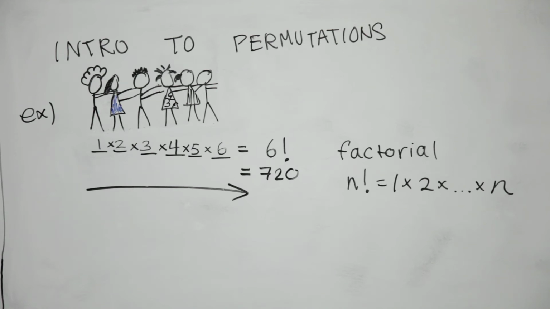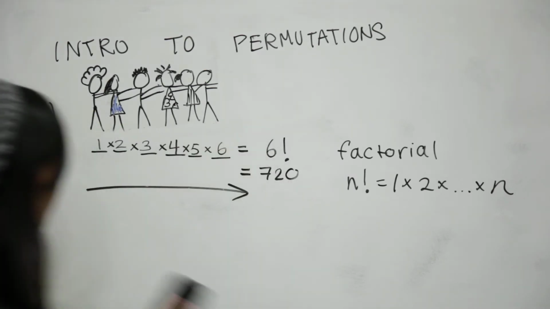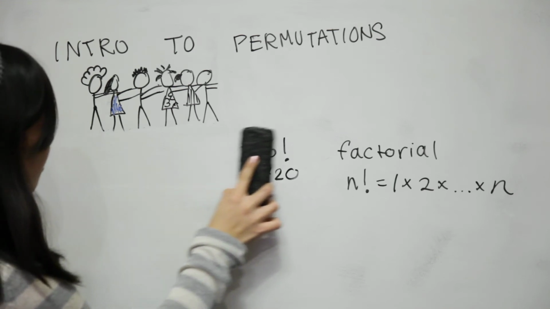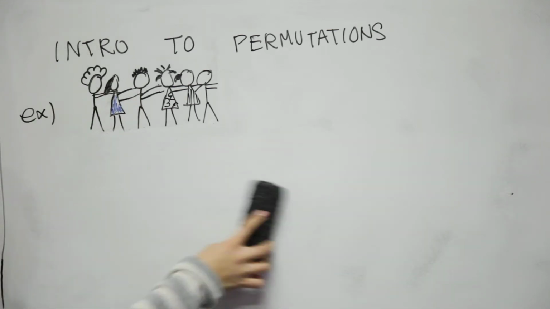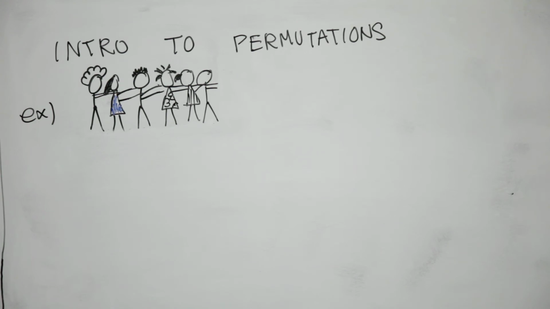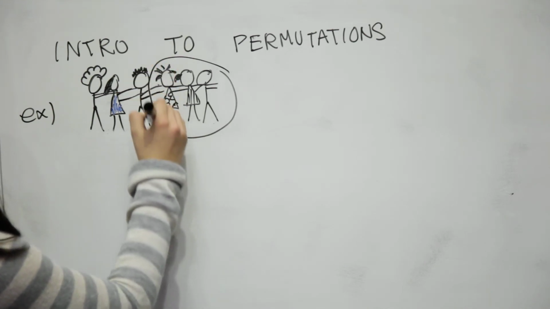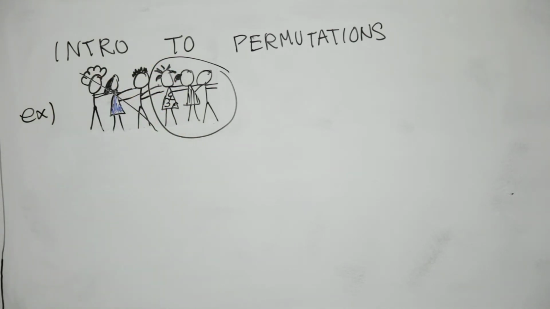Now, let's look at a second example. Grab the eraser. I'm just going to change it a little bit. So now instead of having a human train of 6 people, let's say we just wanted 3. These 3 people are not going to be in the human train, they're just going to be watching from the side.